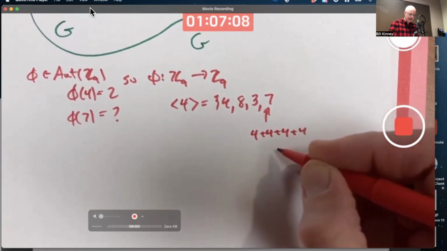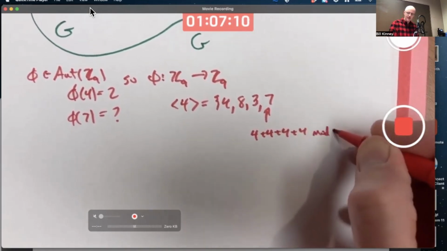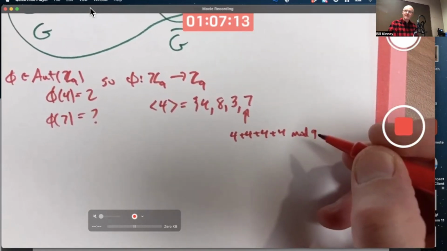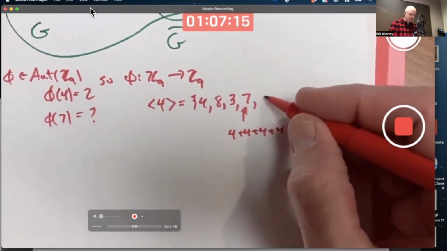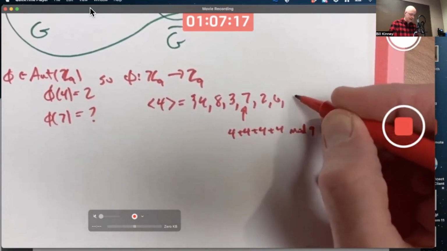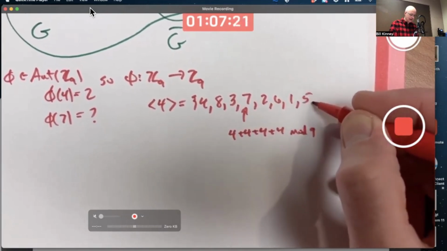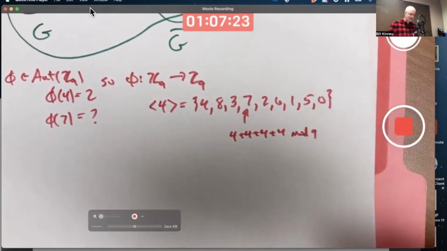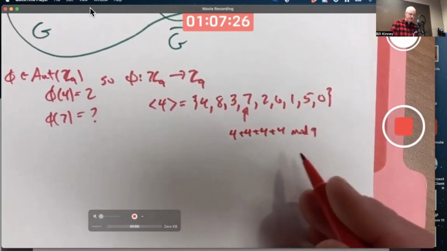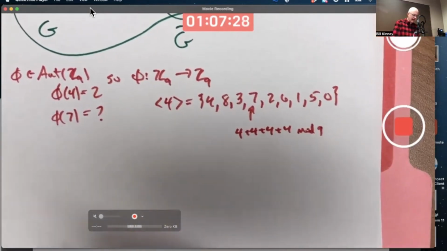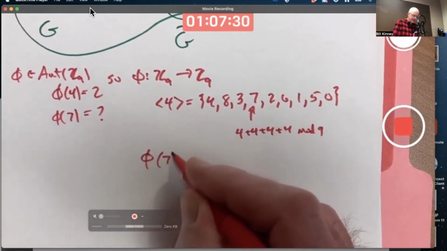Maybe we can stop there. Okay, for completion, I'll keep going. 7 is 4 plus 4 plus 4 plus 4, mod 9. Phi is operation preserving. What is phi of 7?